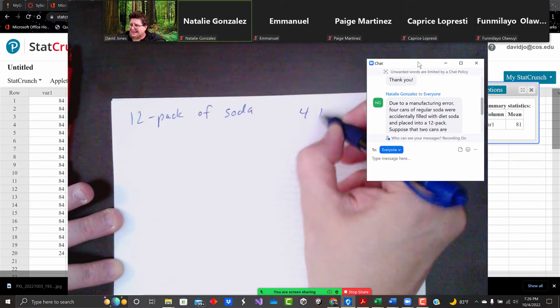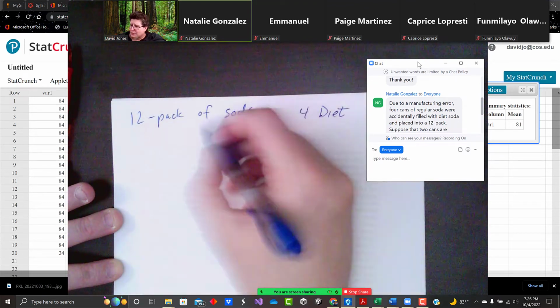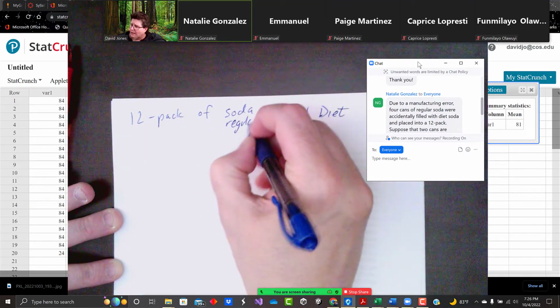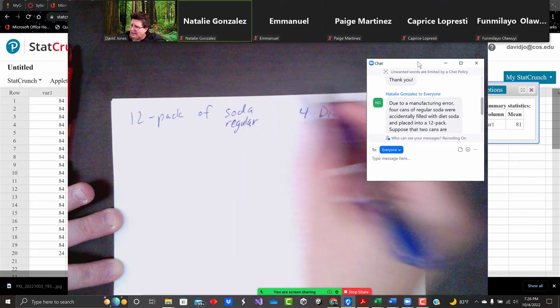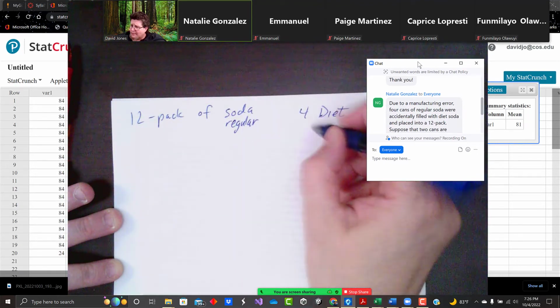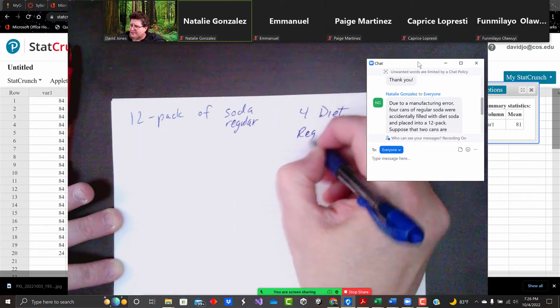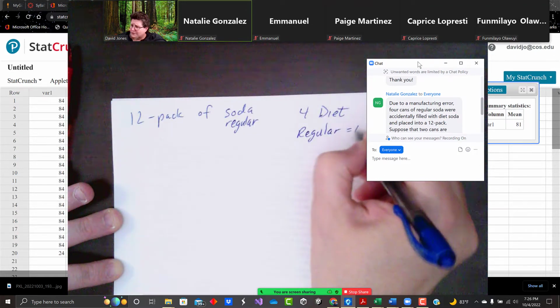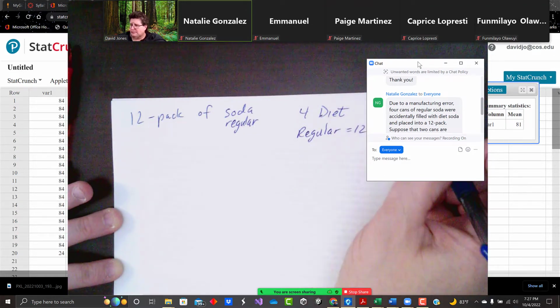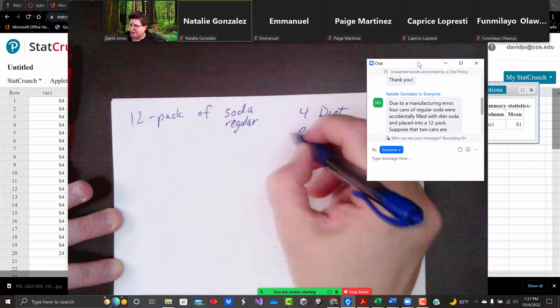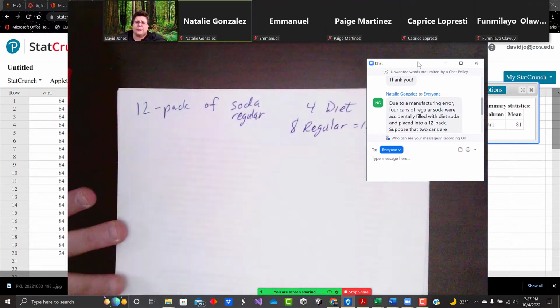So there's 4 diet cans in there. How many do I have that are regular that are left? I have 12 minus 4 is 8. So 8 regular cans and 4 diets.